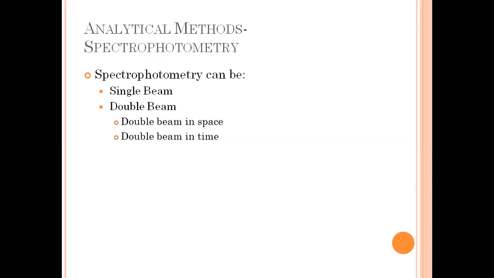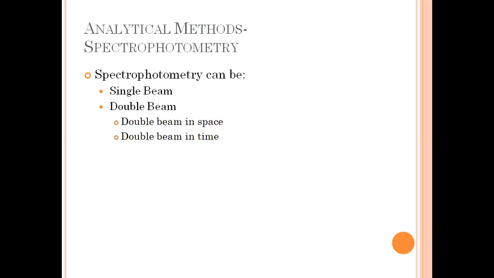Single beam kasi, isang light source, isa lang yung light na hihit with the sample, and para ma-measure mo din the standard or the reference material or the reference solution, dapat hiwalay sila. Unlike with the double beam, you can simultaneously read, okay, the reference solution with the sample.